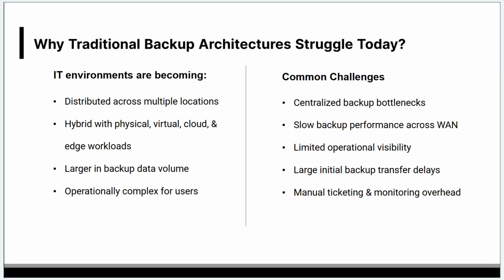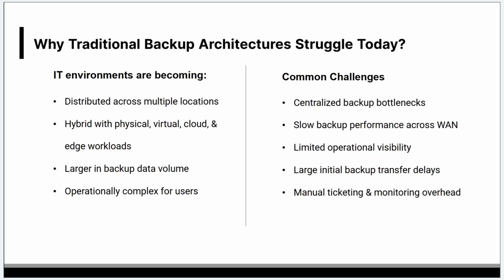It is going to crash. And slow backup performance will happen over the WAN, because if it is a distributed environment connecting via a VPN or via a LAN, for example, let's consider endpoints. If it is going through a LAN, the backup data is going to be slow.